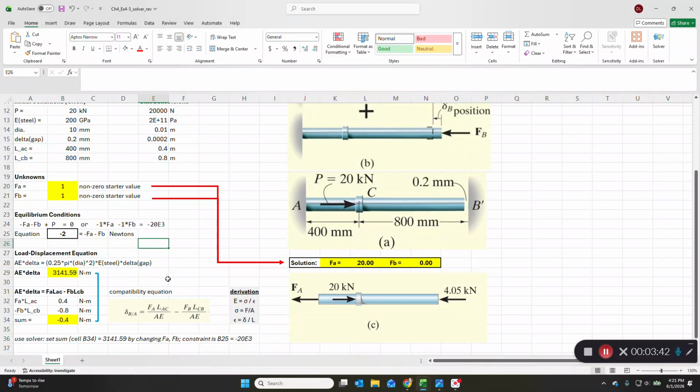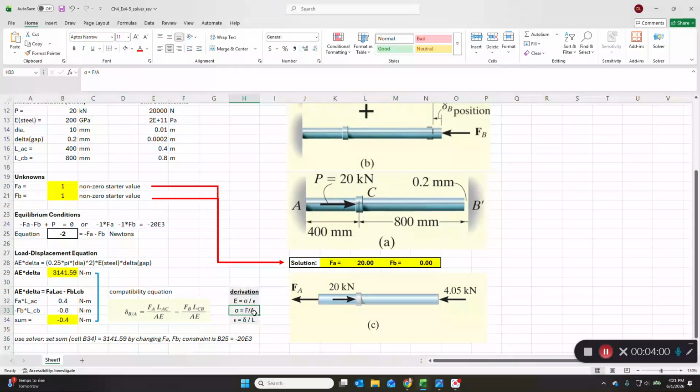And then we need to use the compatibility load displacement equation. Now, where does this come from? This is in the shaded box here. That comes from a derivation of Hooke's law, and then breaking down each component of Hooke's law, the numerator and denominator.